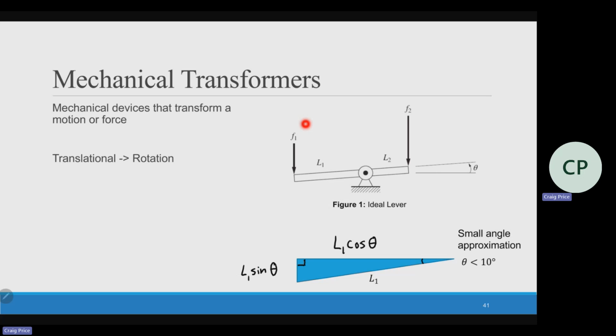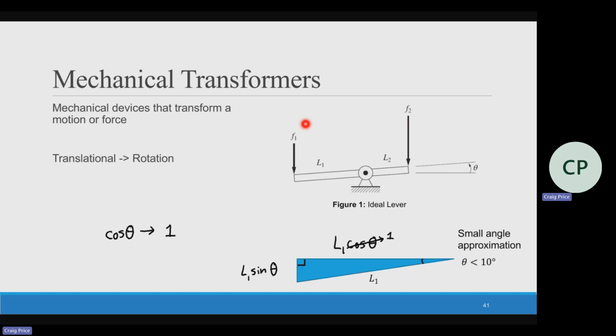Now, sine and cosine are nonlinear. So if I put that into my equation, I can't create a transfer function. I have few analysis tools. But if we can approximate only small movements, these change. Cosine theta, because it's such a small angle, we can just turn into a 1.